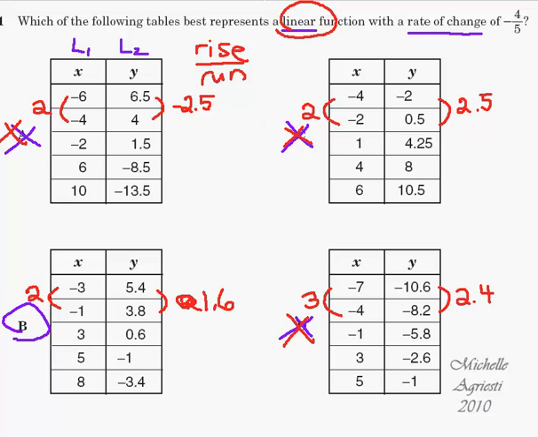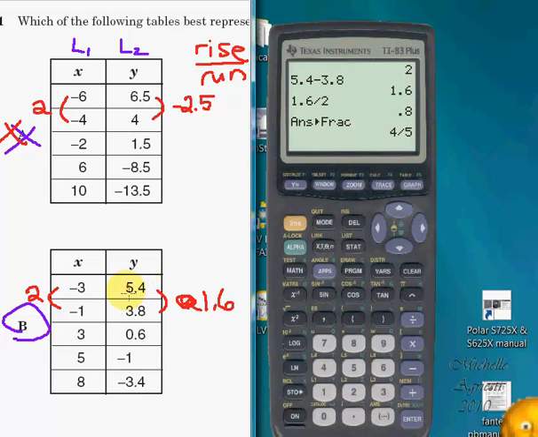Have I made a mistake? Oh yes, I have. 5.4 to 3.8 is a decrease. Okay. So everybody catch that? So it's a -1.6.